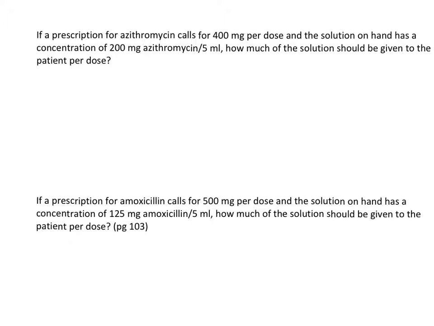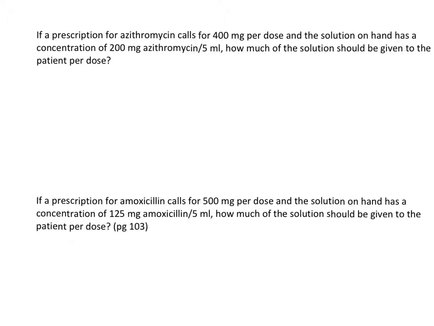Okay, here's another conversion problem, this time in a word problem. If a prescription for this drug, azithromycin, calls for 400 milligrams per dose and the solution on hand has a concentration of 200 milligrams of the drug azithromycin per 5 milliliters, how much of the solution should be given to the patient per dose? Okay, so we want to identify two things: what we start with and where we're headed.